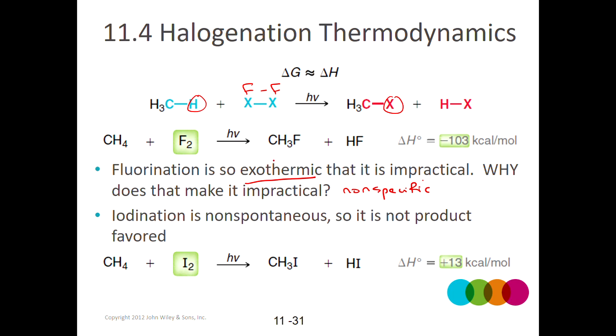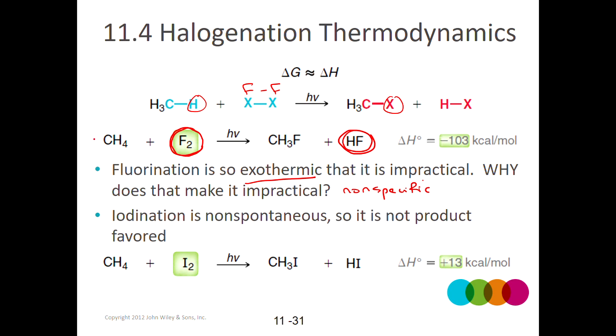I just have to be careful safety-wise, because fluorine gas is extremely toxic and dangerous, and hydrofluoric acid is also dangerous because it will eat through glass or dissolve glass, which means I need to use plastic materials instead of glass. But if I take the proper safety precautions, I can convert a hydrocarbon into a fluorinated hydrocarbon. I just can't stop it from replacing all the hydrogens with fluorine atoms.